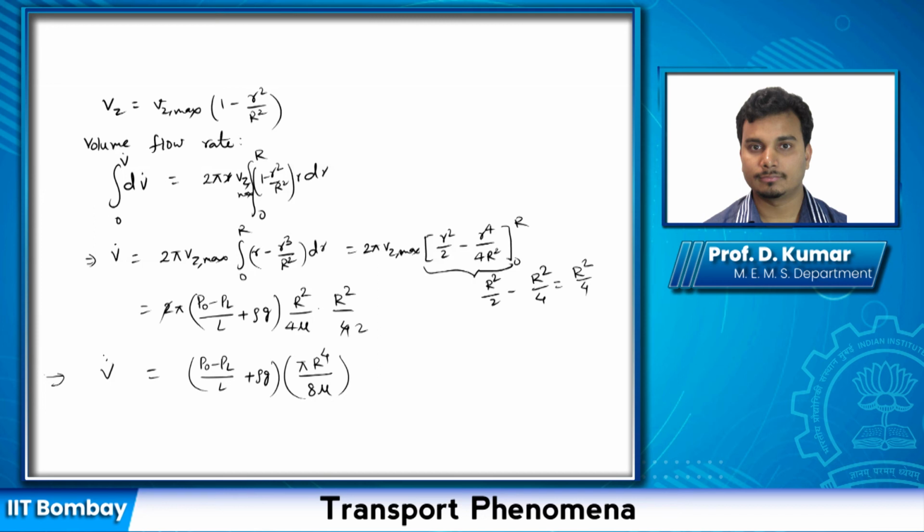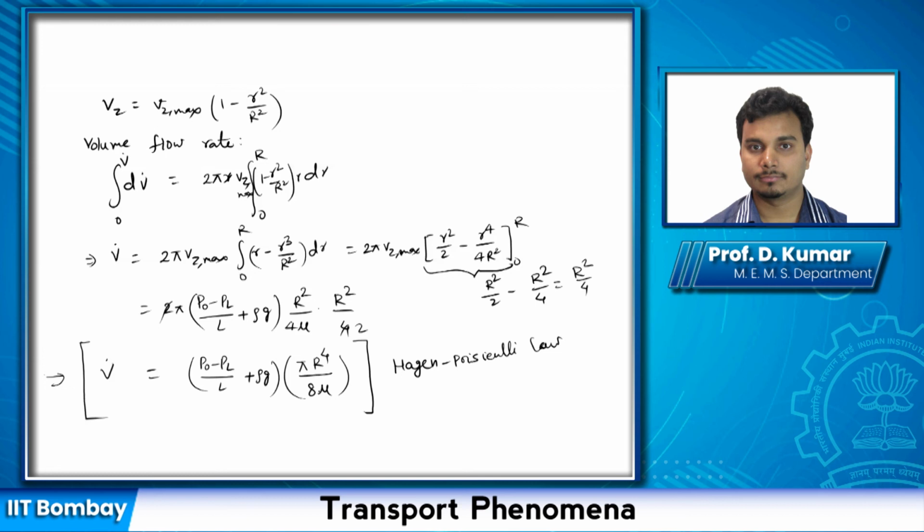So this is a famous equation for flow through a tube known as the Hagen-Poiseuille equation. Pardon me for the spelling. The Hagen-Poiseuille equation.